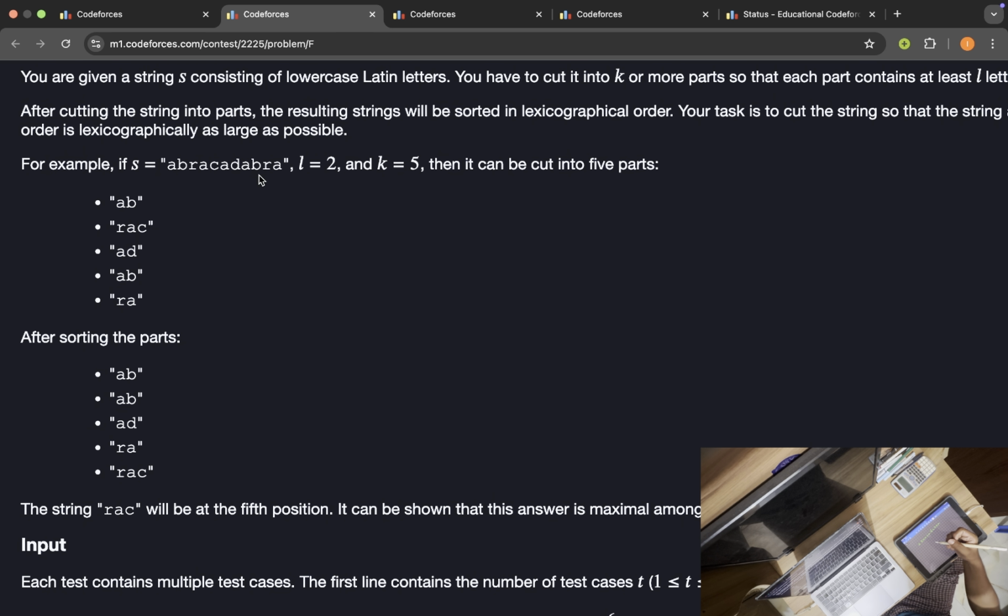So I need the fifth value. So should I create the suffix array? If I cut it from A, how many A's are there? 1, 2, 3, 4, 5 A's. Okay, so at least one of the A.